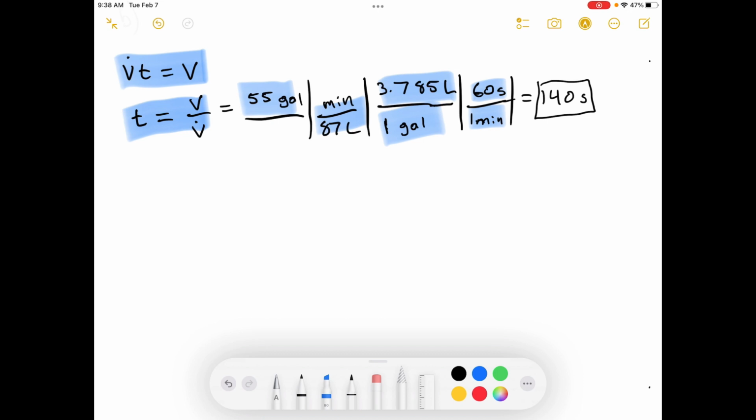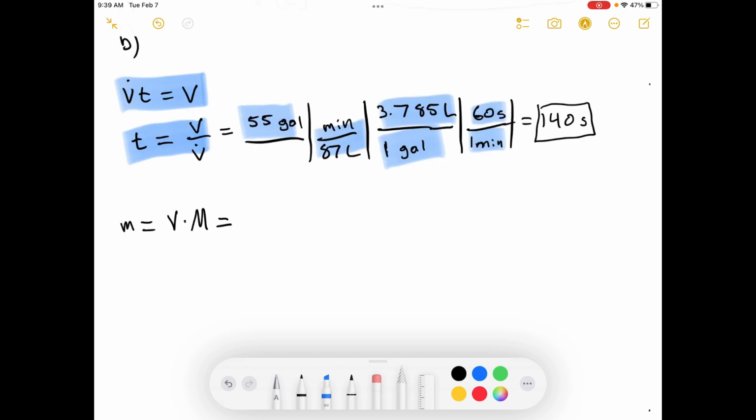How much sulfuric acid would the drum contain? In this case, we're looking for a mass of sulfuric acid. It's lucky that we just calculated the concentration of sulfuric acid in the stream, because now we can take the volume that's in the barrel and multiply it by the concentration, and we'll arrive at a certain mass of solute.